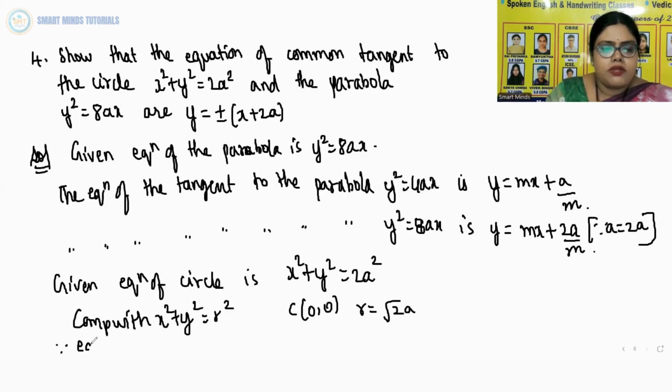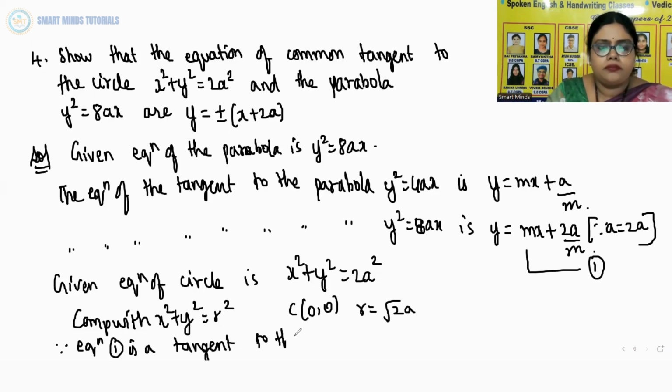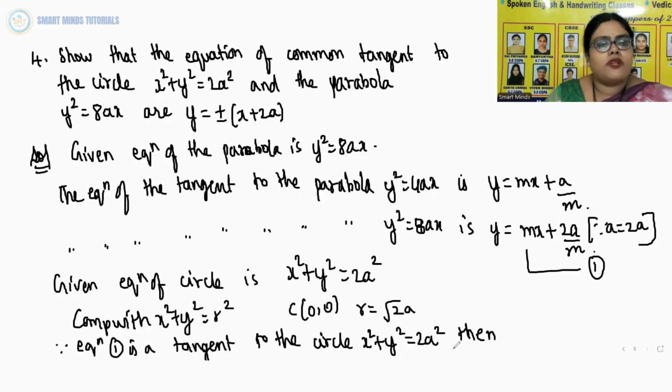Now let's say this is equation number 1. So since equation number 1 is a tangent to the circle, what is the circle? X square plus y square equals to 2ax, 2a square. So what is the condition for a circle to touch a line or a line to touch a circle?